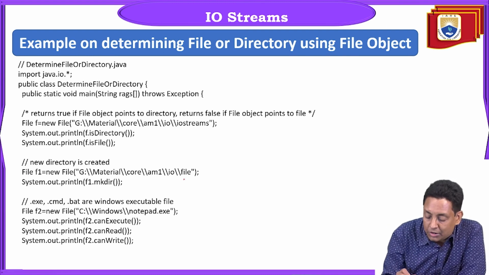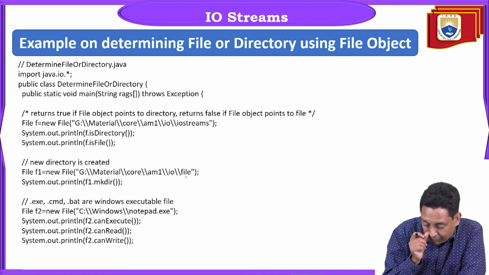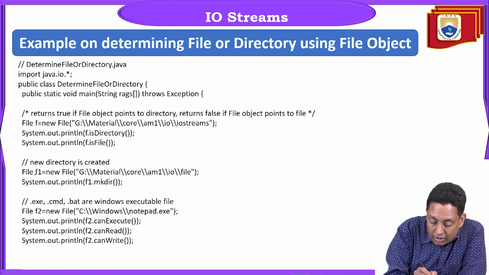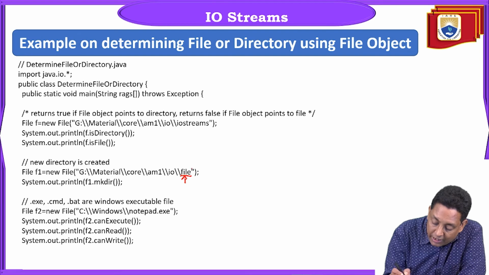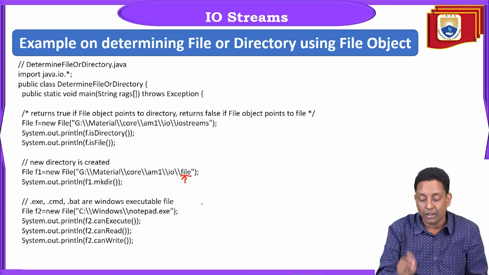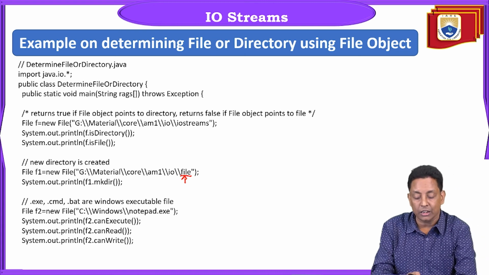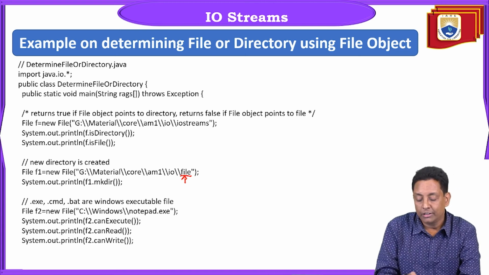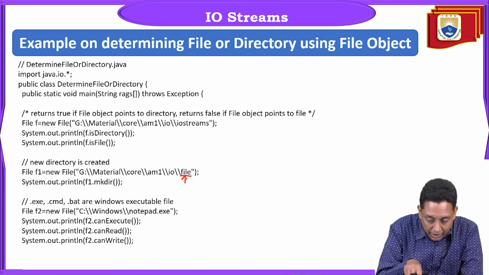The next file object is also pointing to a directory, the IO directory file. Actually, before calling this method, this file object is pointing to a non-existing directory. In the IO directory, in materials, core, M1, IO, there is no directory with the name called file.